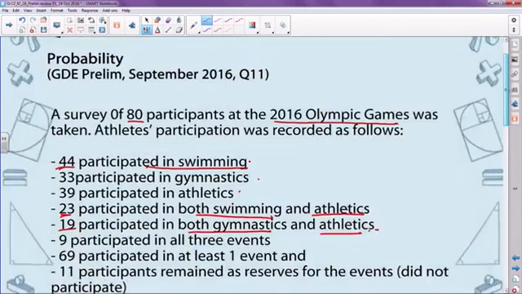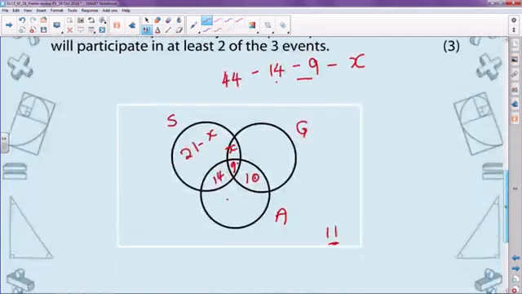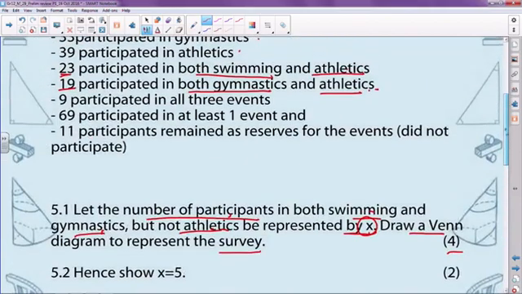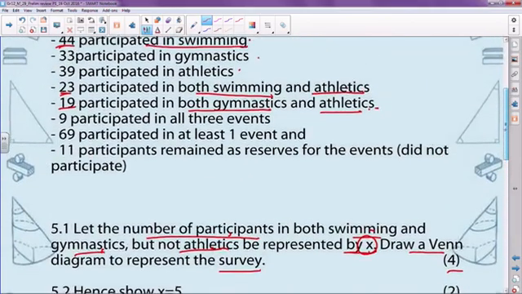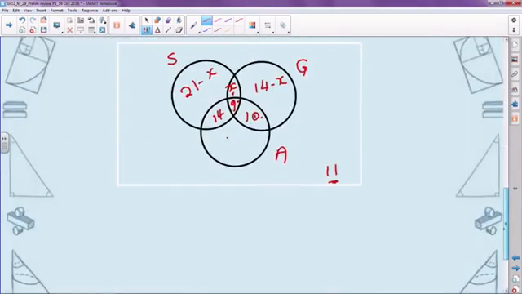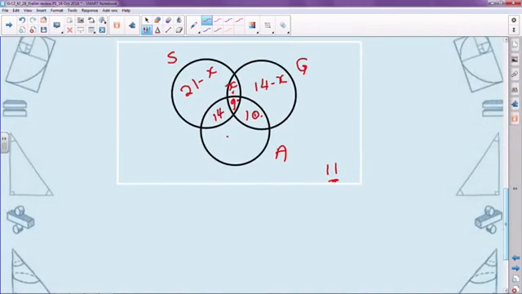For gymnastics, we've got 33 participated in gymnastics, minus all your intersections, and you get 14 minus x. And then lastly, for athletics, we've got that 39 people participated in athletics. So 39 minus 14 minus 9 minus 10 is going to give you 6 people who participated in athletics alone.